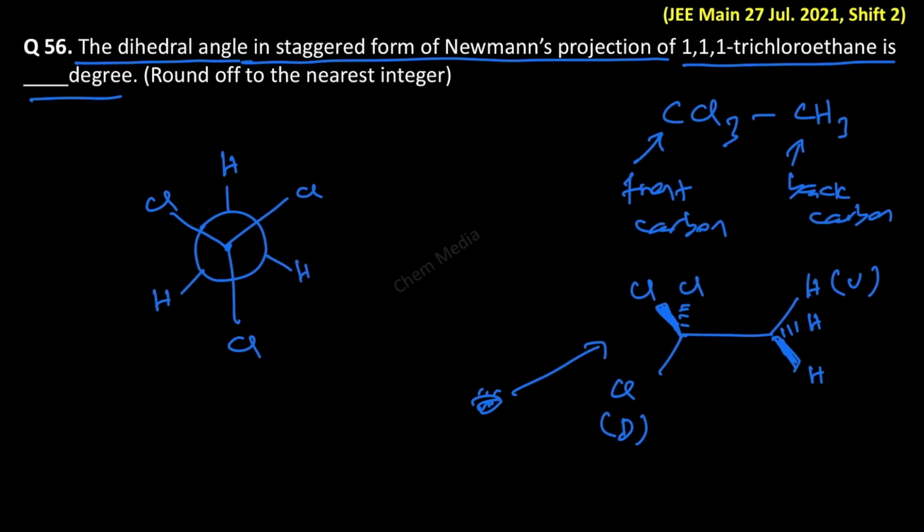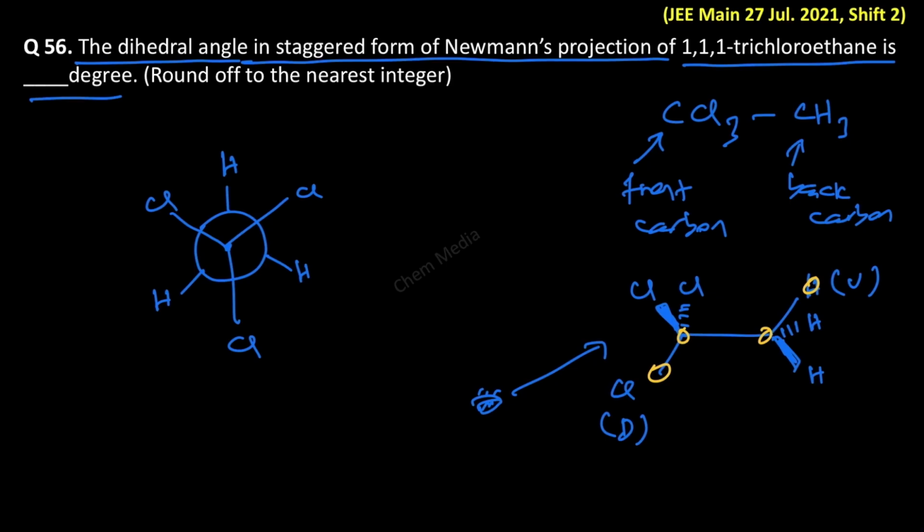Now why have we put it like this? Because this dihedral angle is 180 degrees, isn't it, between up and down. So if we are taking these 4 atoms, then in the staggered form this dihedral angle is 180 degrees.